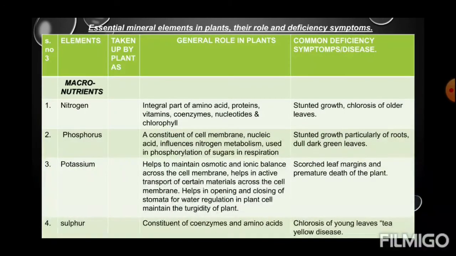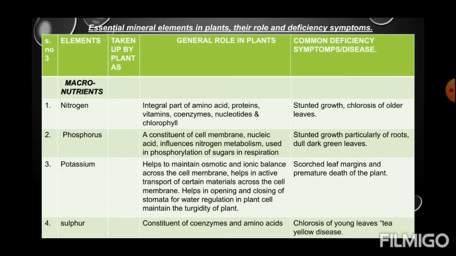This process of adding inorganic phosphate is known as phosphorylation. So again, phosphorus is an important element. The deficiency of phosphorus can cause stunted growth, particularly of roots, and dullness of dark green leaves.